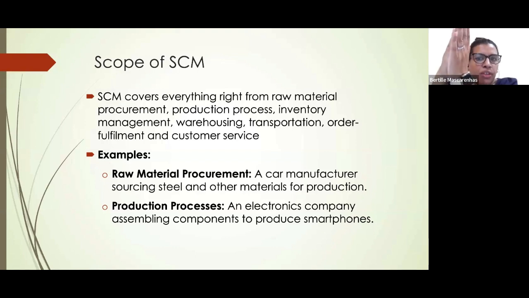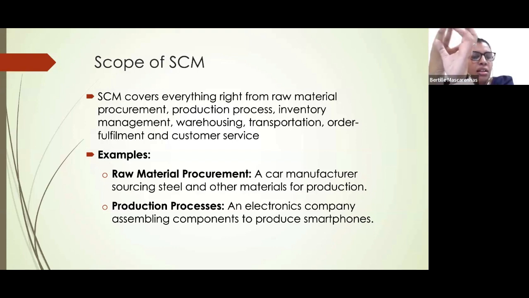It covers everything from raw material procurement, production process, inventory management, warehousing, transportation, order fulfillment, customer service. Now, what is raw material procurement? For example, a car manufacturer sourcing steel and other materials for production. So anything that needs to go into producing that car is called raw materials.